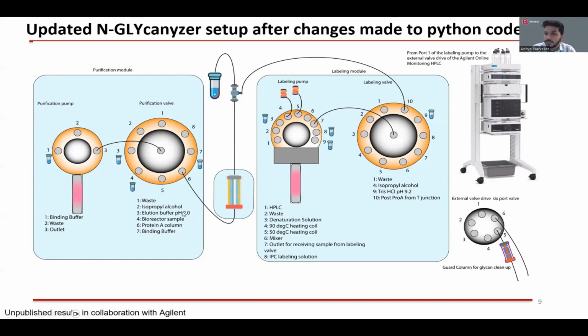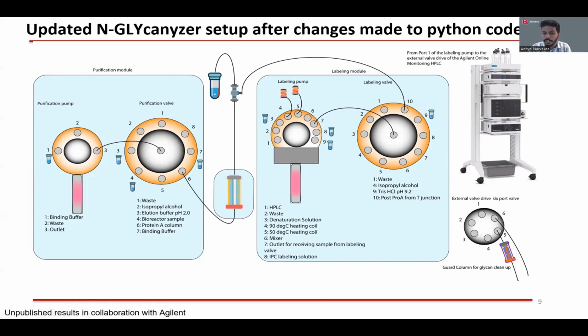Now, if I give a reference to what I explained about the types of PAT in the previous slide, if I carry out the workflow in these 3 boxes here in sky blue, the purification, the Pro-A, and the labeling, only this process will be an at-line process.